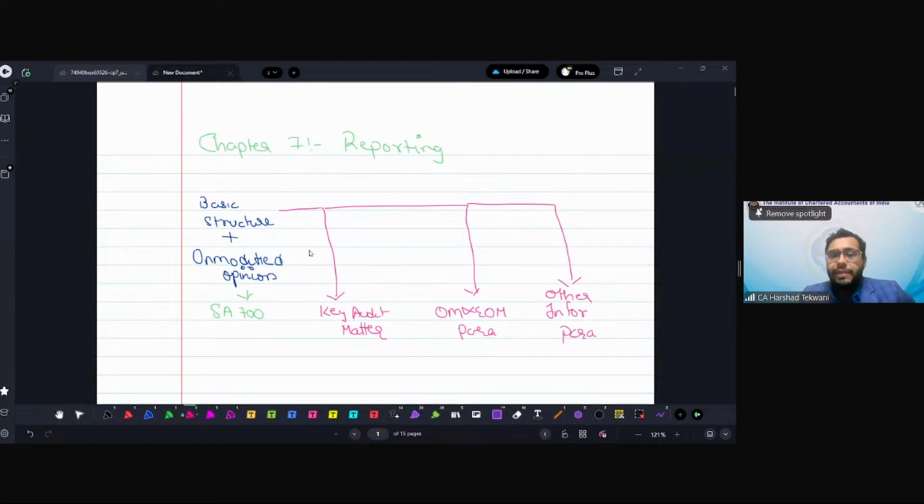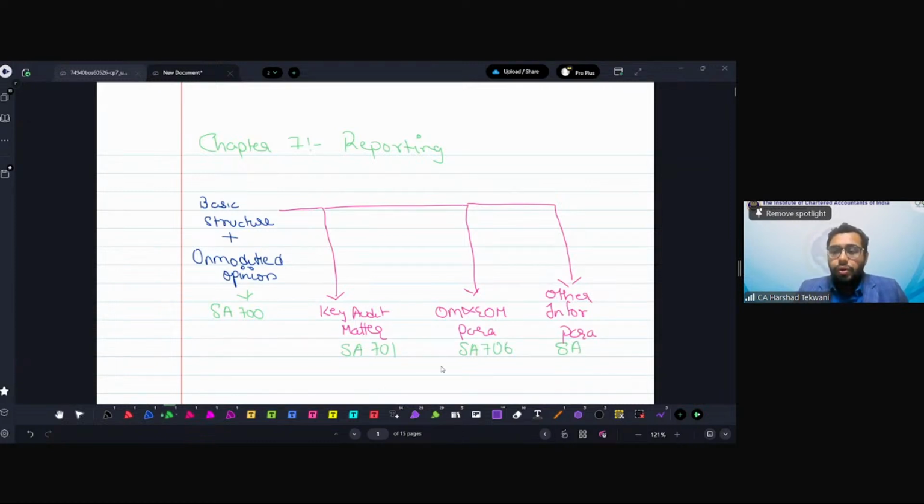Each of these is discussed in a separate standard. SA 701 talks about key audit matters. The EOM and OM paragraph is there in SA 706. The other information paragraph is something you will see in SA 710 also.